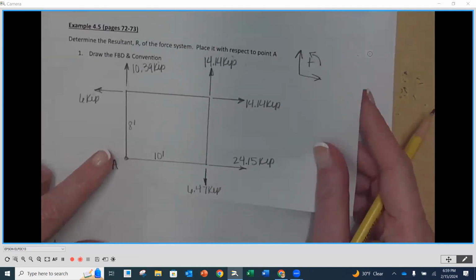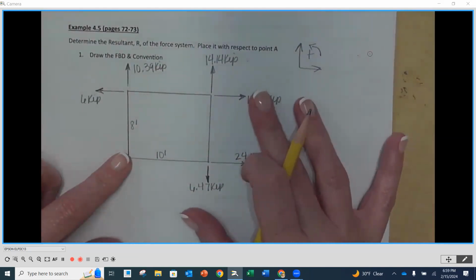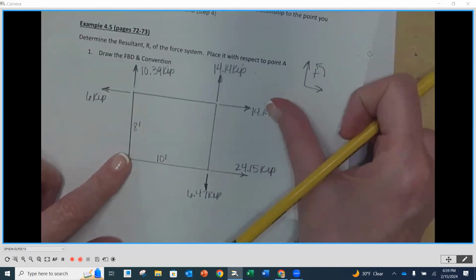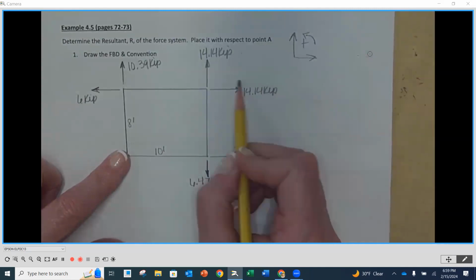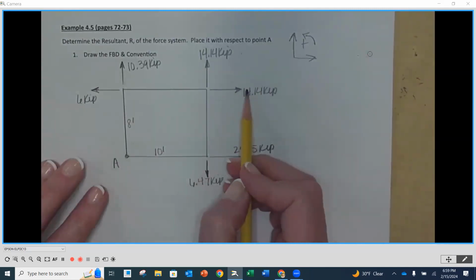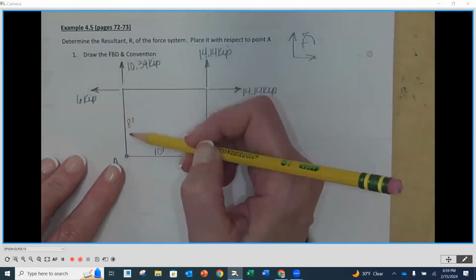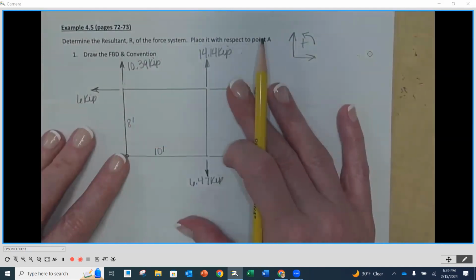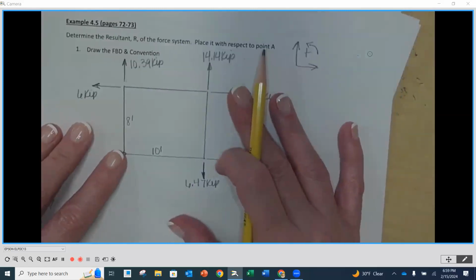Our next one, here's A, 14.14. Pull in that direction. It's going to also cause rotation. So it's going to be 14.14. We're going to push it back along its line of action. Its perpendicular distance is going to be 8 feet. We're going to rotate in a clockwise direction.